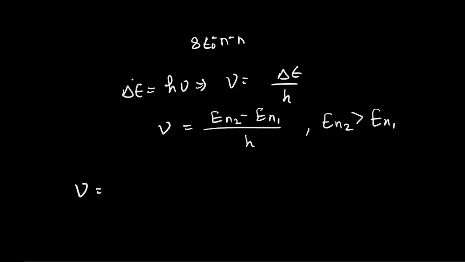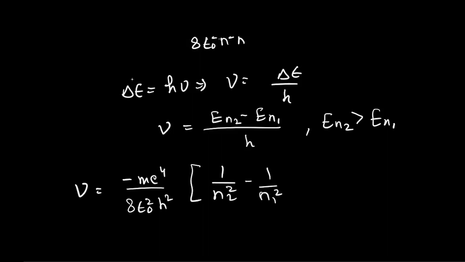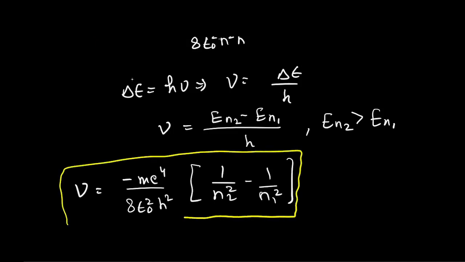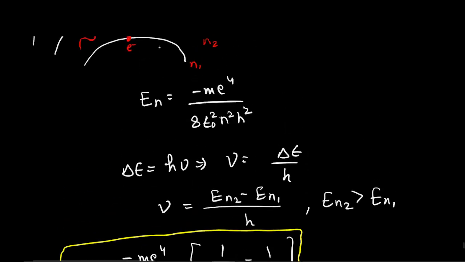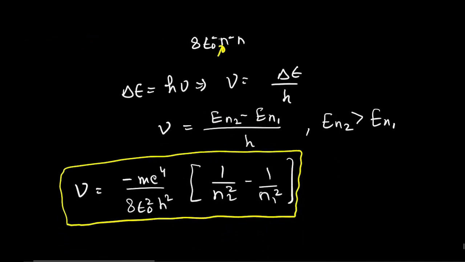Nu equals minus me^4 divided by 8 epsilon naught squared h squared, in brackets 1 by n2 squared minus 1 by n1 squared. This is the expression we get by putting in the values of En2 and En1. Just replace n by n2 and n1.